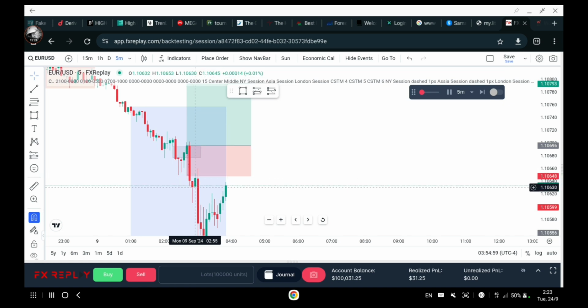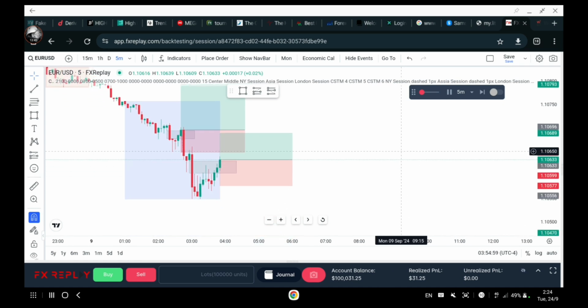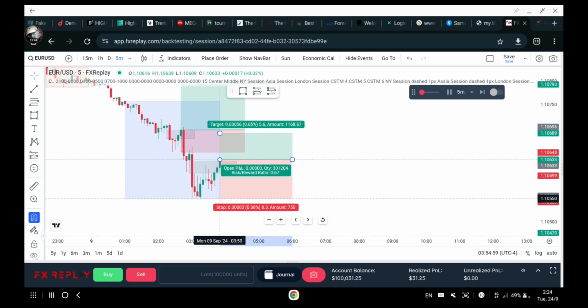This candle's open is 632, and this candle's close is 633, so it's an inversion, but it's not that powerful as others. Let's just see. I don't really like these types of inversions, but for the backtesting session's sake, you have to execute.